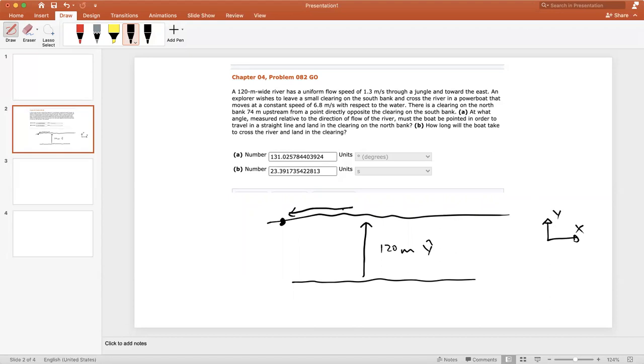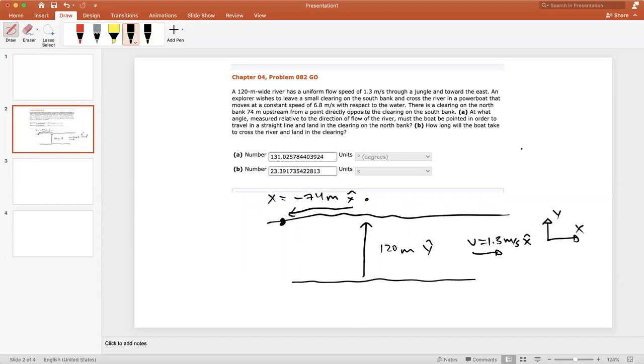The river is flowing this way at a rate of 1.3 meters per second in the positive x hat direction. He wants to get to a point that's 74 meters upstream. So if this is our 0 point for x, this is negative 74 m in the x hat direction.